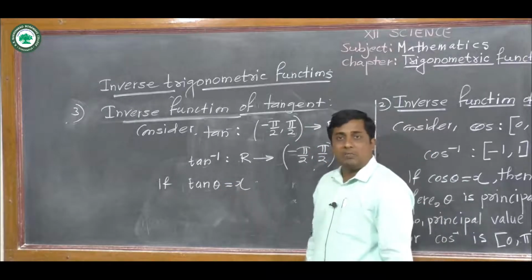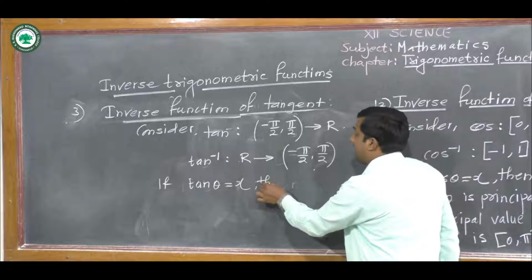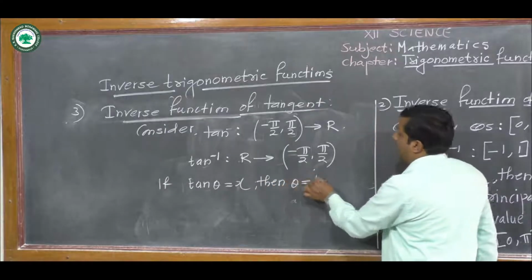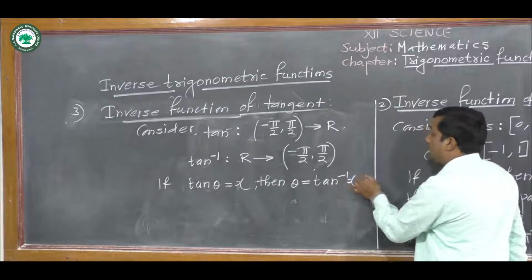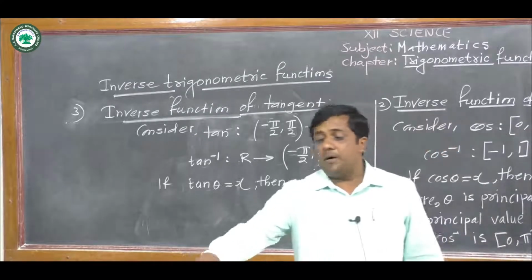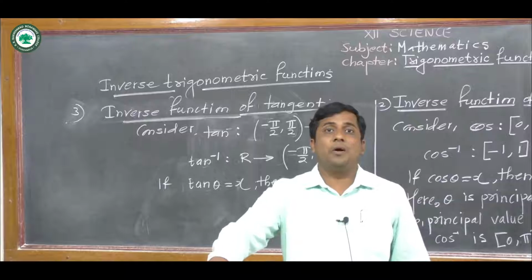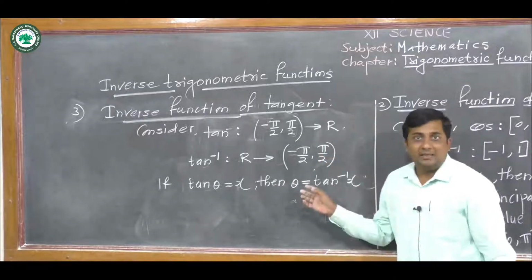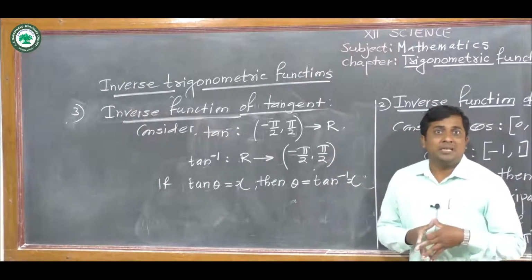If tan theta is equal to x, then we say theta is equal to tan inverse of x, and this theta is called the principal value of the given trigonometric function tan.